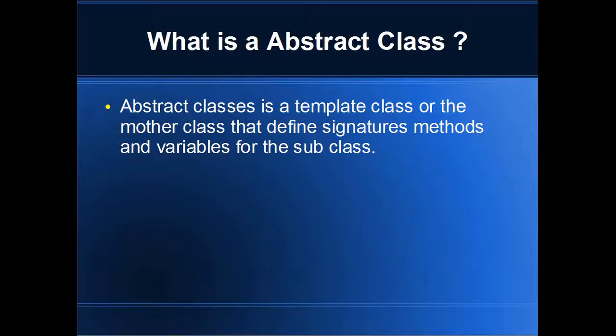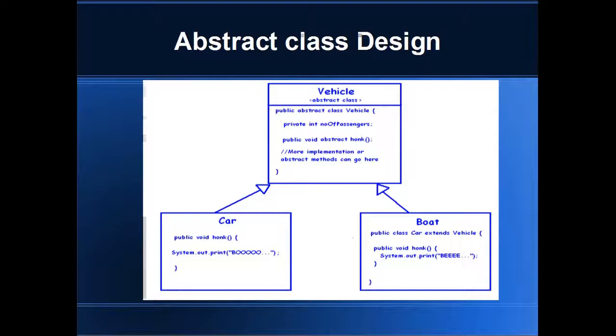Remember, abstract classes are used in inheritance, so it's at the very top. We're going to go quickly over inheritance. The abstract classes do not have any function in their methods. I mean, they have methods, but it's just a signature.